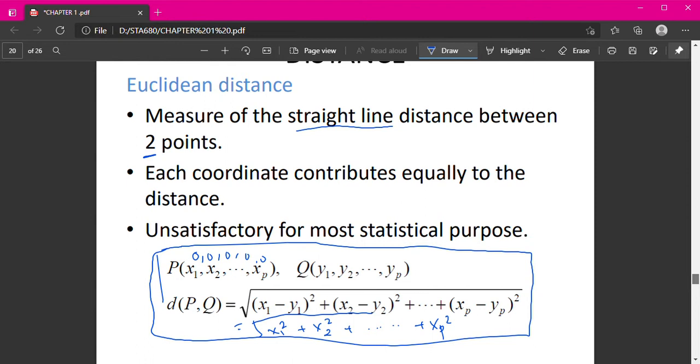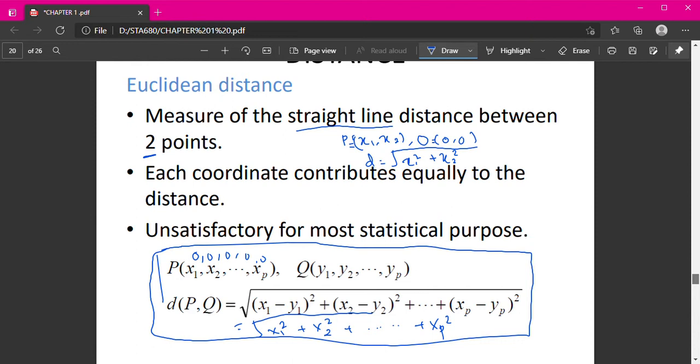Let's say your P only x1 and x2, dia punya coordinate of a plane sahaja, and then Q or 0 adalah origin contohnya. Okay, so macam mana dengan distance U? Distance U will be the square root of x1 square plus x2 square. Alright? Okay, ini adalah Euclidean distance.